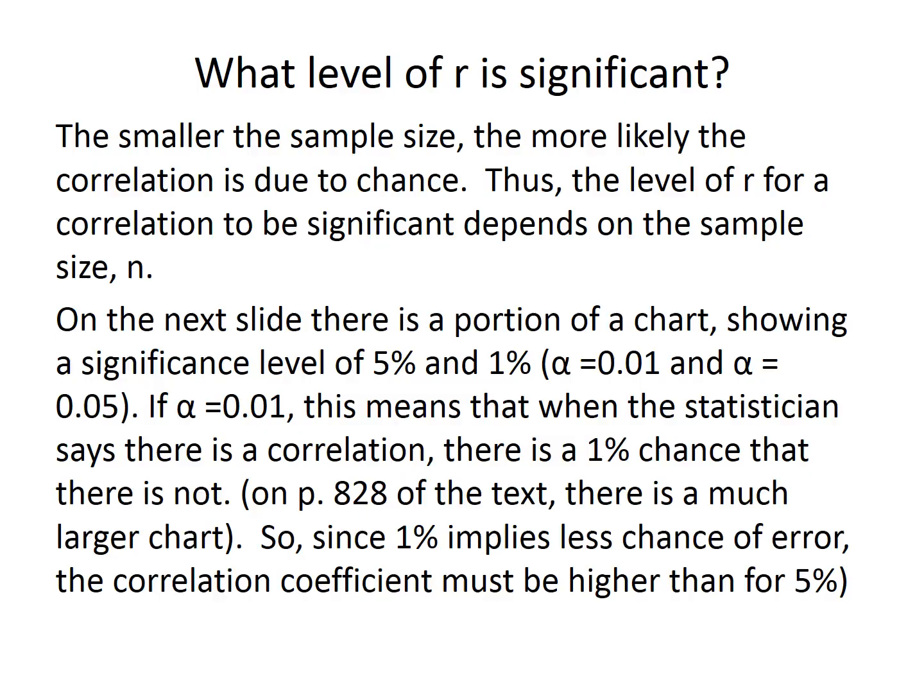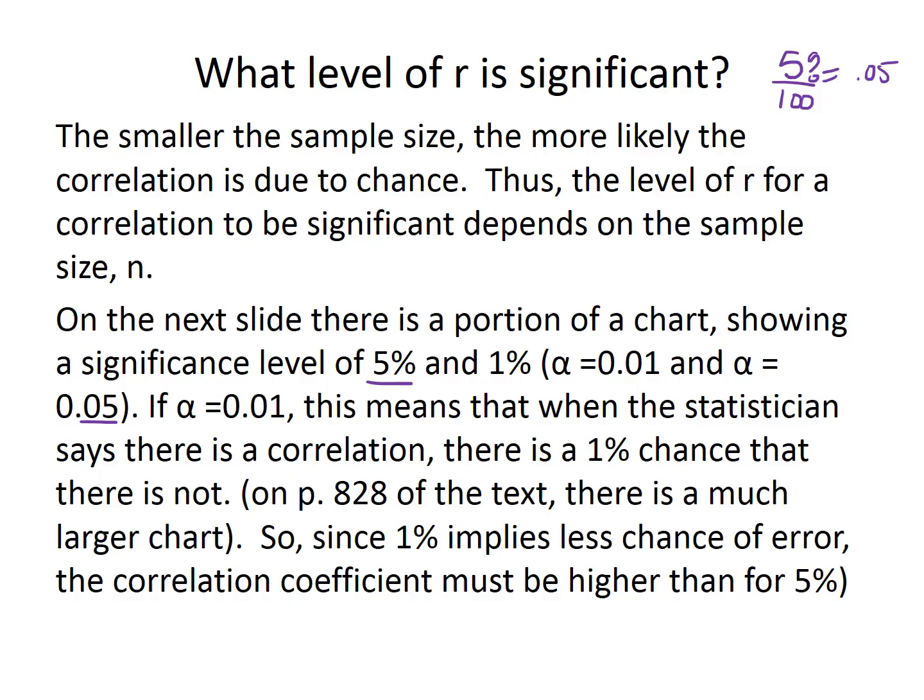On the next slide, there is a portion of a chart showing a significance level of 5% and 1%. In statistics, those are the very typical significance levels. 5% means 0.05, right? We know that 5% means 5 divided by 100, which is 0.05, and 1% is, of course, 0.01.